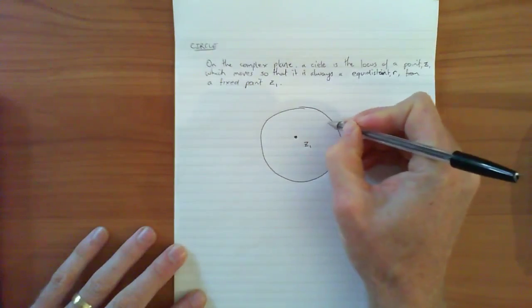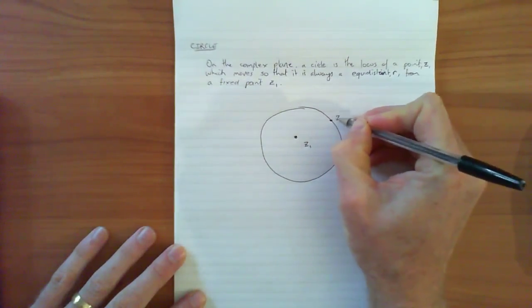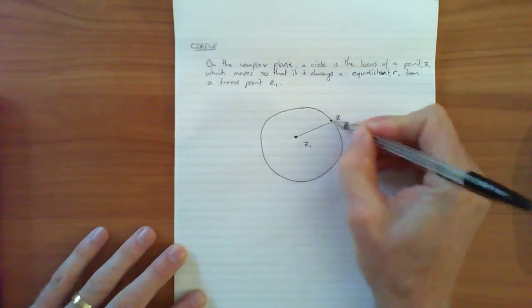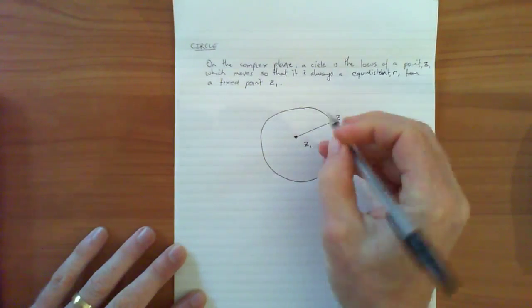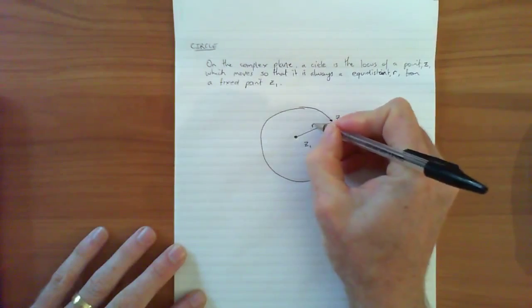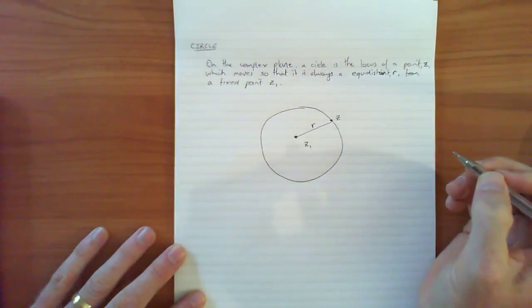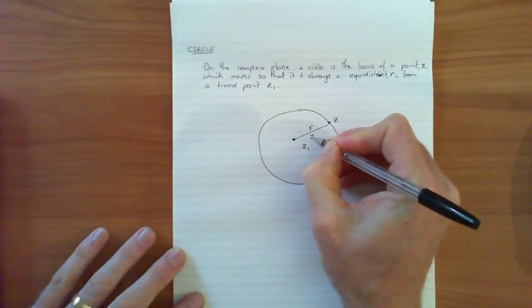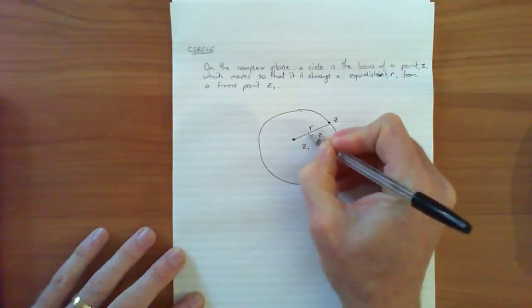My diagram's not real crash hot. Z can be anywhere around here so that it is always equidistant. That distance will be the same all the way around. We know for a circle that's called the radius. We'll call it r. So this distance here we know is the magnitude of Z minus Z1.